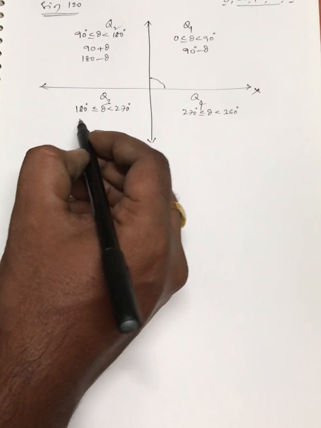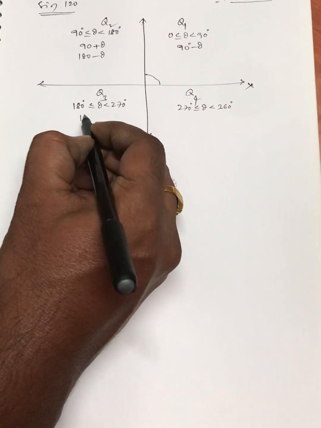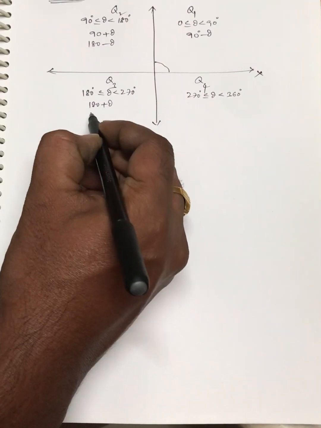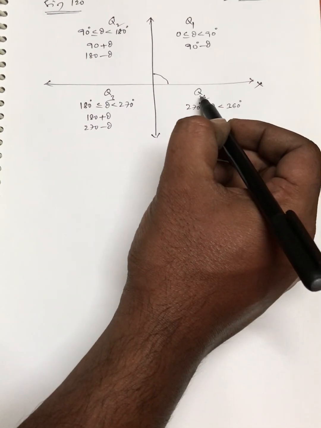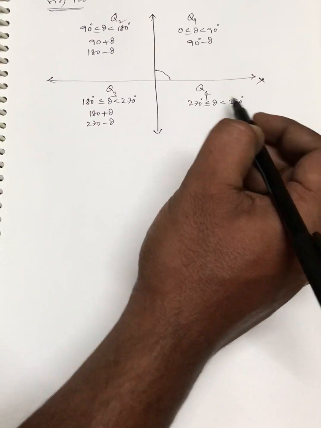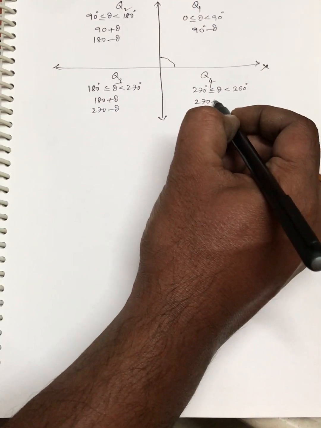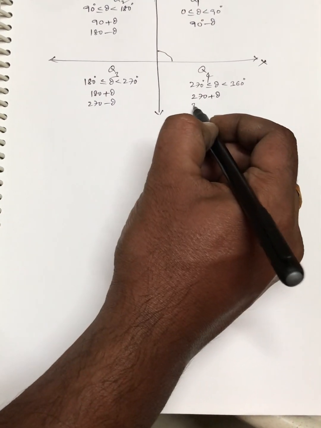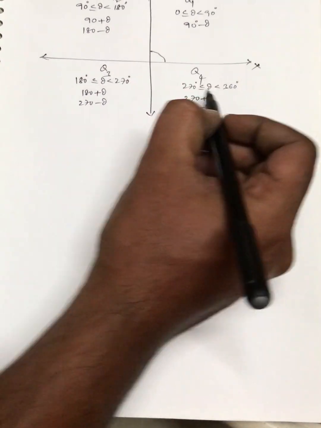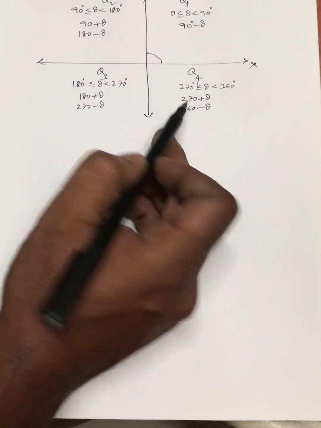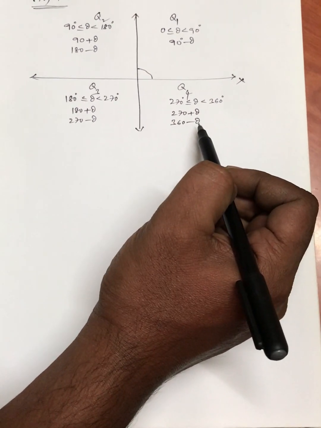In the third quadrant, more than 180 and less than 270, the angles are 180 plus theta and 270 minus theta. In the fourth quadrant, more than 270 and less than 360, the angles are 270 plus theta and 360 minus theta. If we completed one rotation, the angle in the fourth quadrant is 360 minus theta.